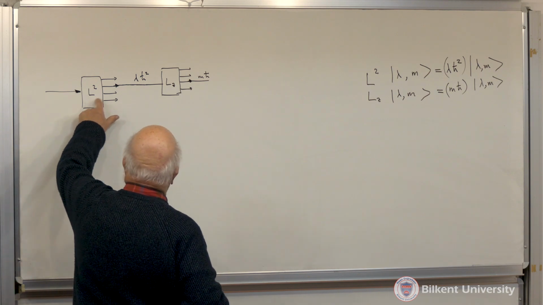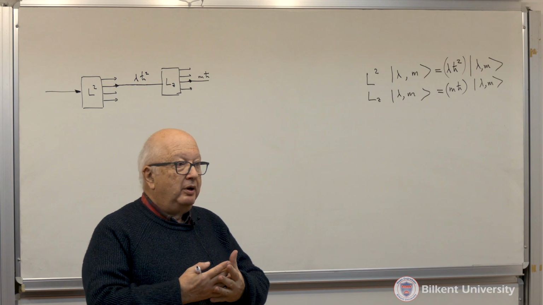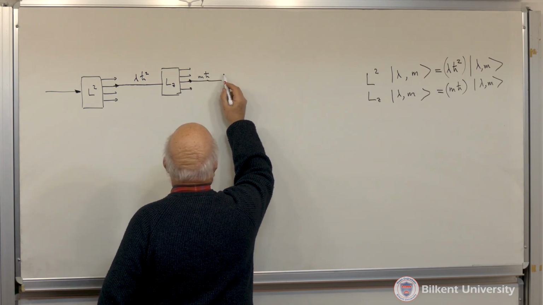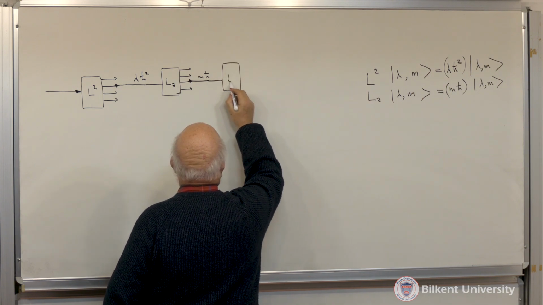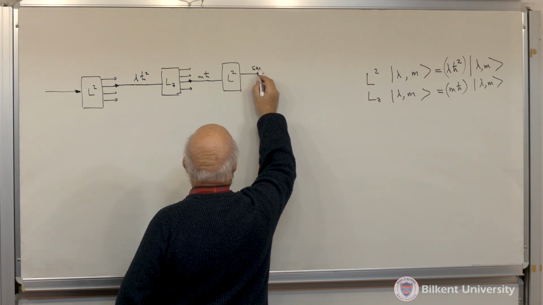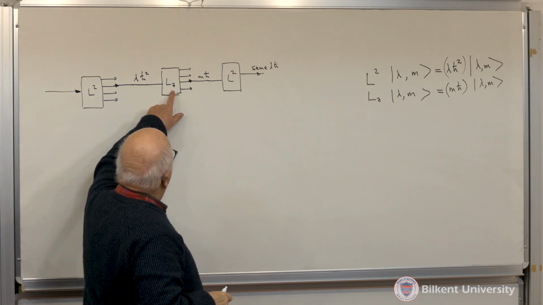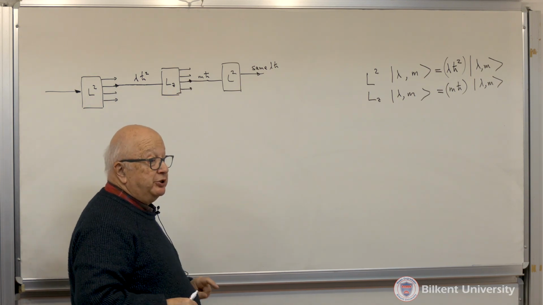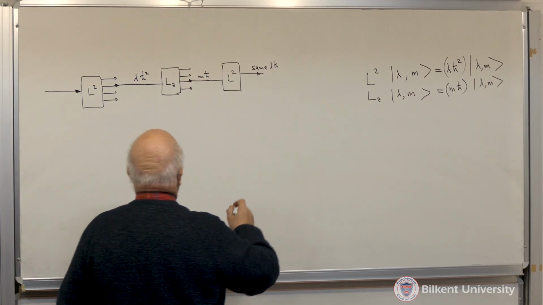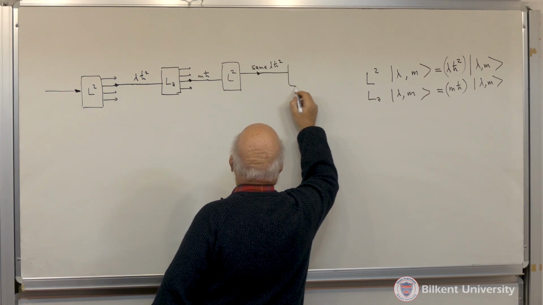Now, L squared and Lz are compatible. Okay, they commute. So I can now go back and make, for example, an L squared measurement. I am going to get exactly the same lambda times h bar squared, because this now does not destroy the previous measurement because they commute. And then I can measure Lz again.